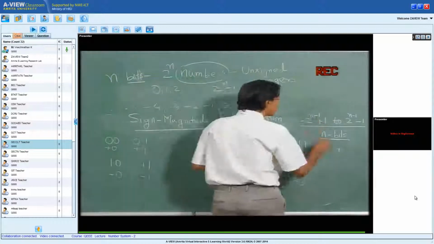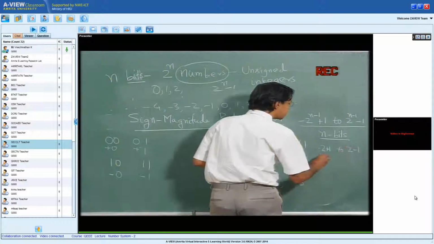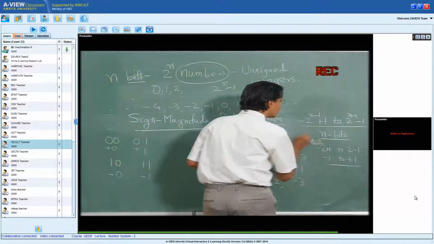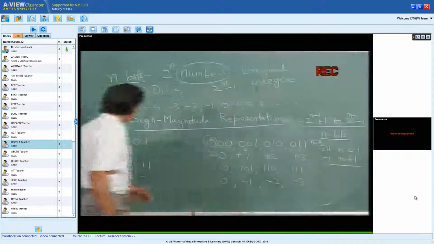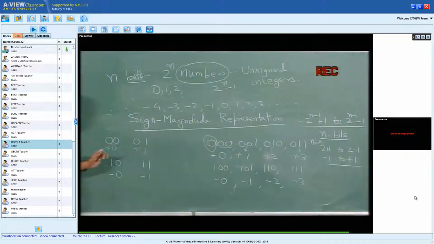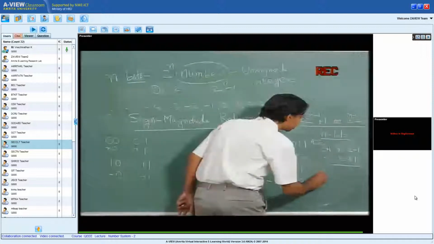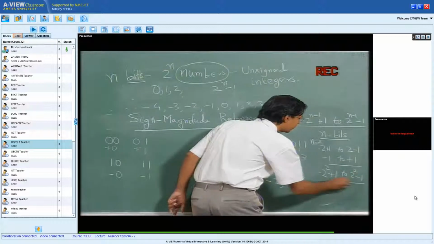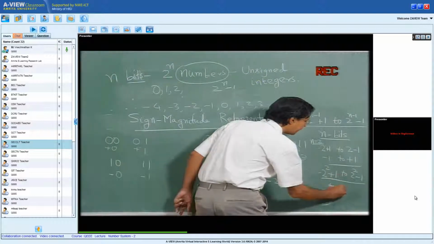If I put n equal to 2, it will be minus 2 plus 1 to 2 minus 1, which is minus 1 to plus 1, which is what you see here. If I have 2 bits, I can represent from minus 1 to plus 1. If I have 3 bits, then I can represent from minus 2 power 2 plus 1 to 2 power 2 minus 1, which is nothing but minus 3 to plus 3.